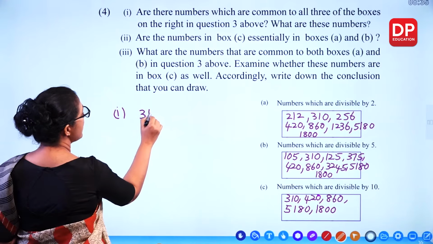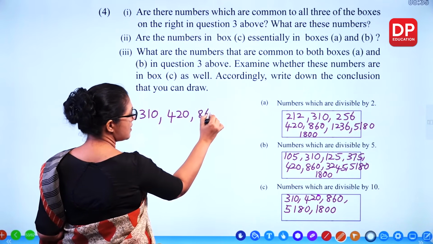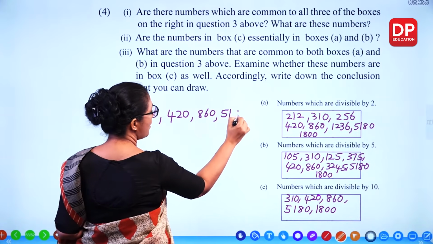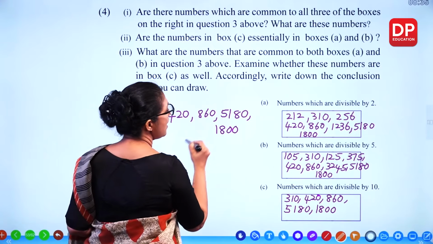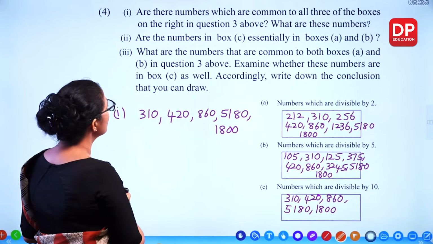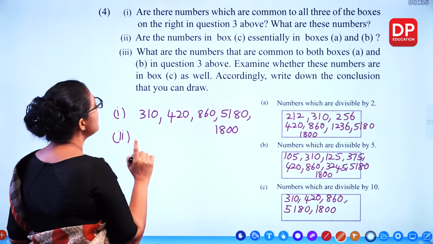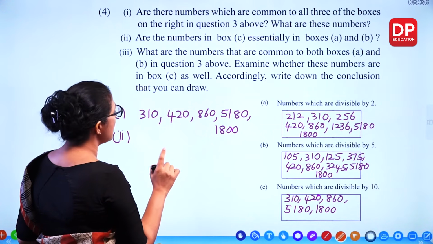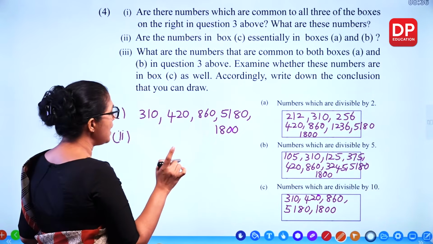So 310, 420, 860, 5180, 1800. Then the second part, are the numbers in box C essentially in boxes A and B? Yes.